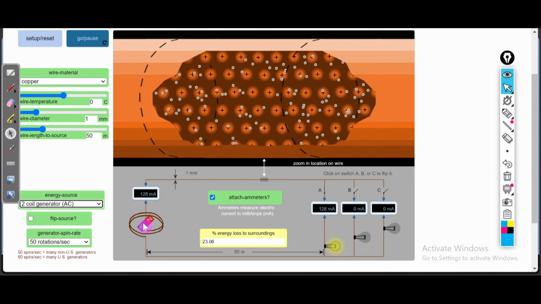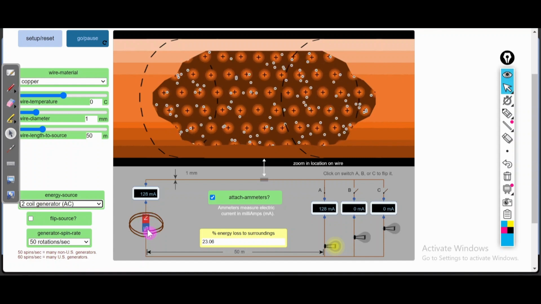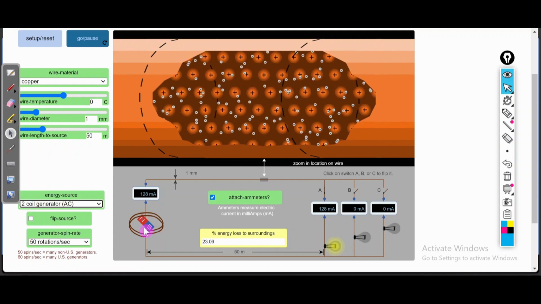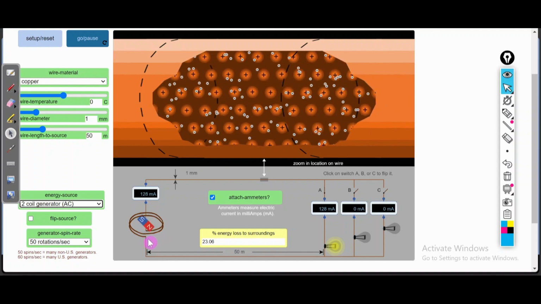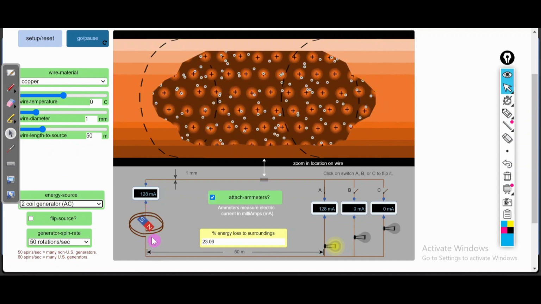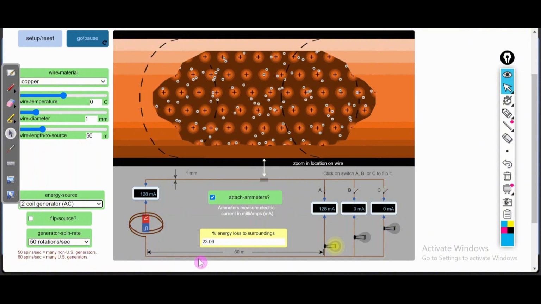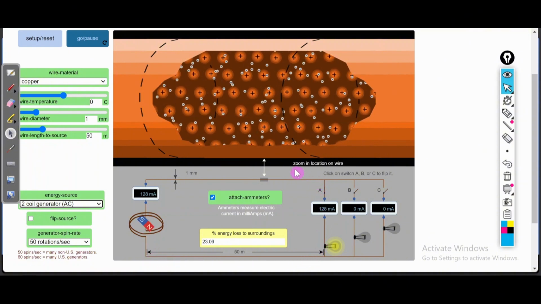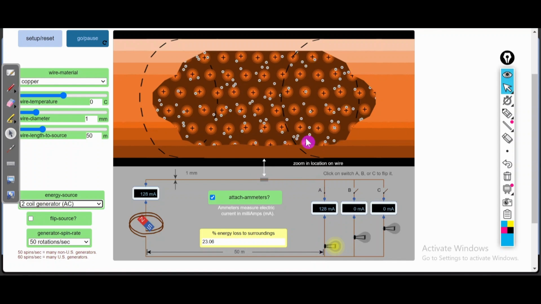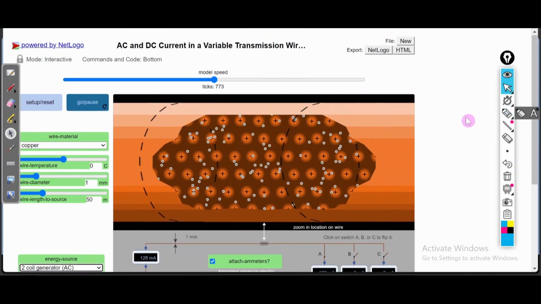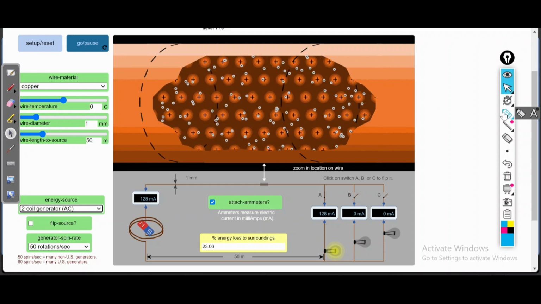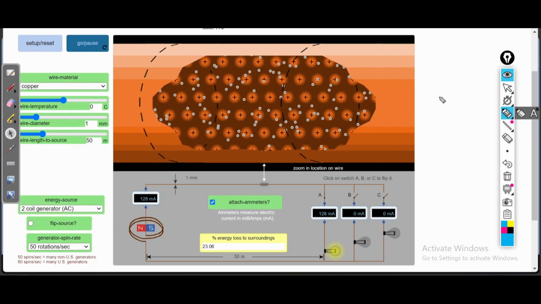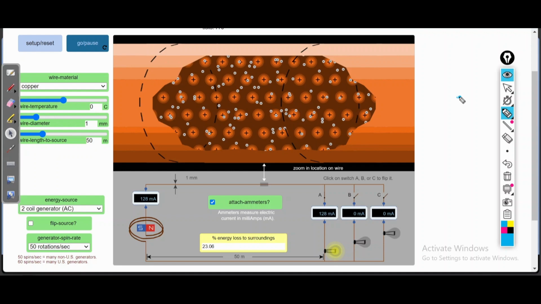Within 1 second this polarity is changing 50 times, okay. It means that 50 times this side becomes positive and this side becomes negative. If this side becomes positive, the electron will start flowing in this direction, and the electron in this case will move in this direction, okay.